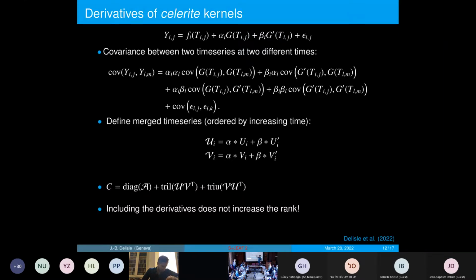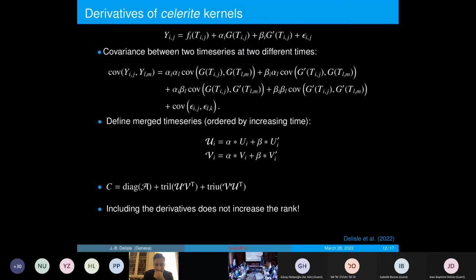And for each term in the original Gaussian process, we have only one term in the final representation of our covariance matrix, which means that basically the derivative here comes for free. We don't increase the rank of the representation by including the derivative in the model.